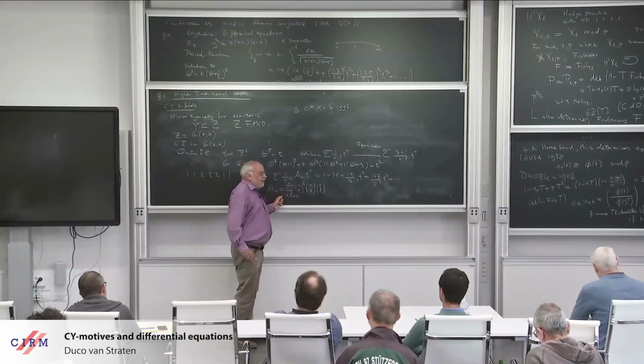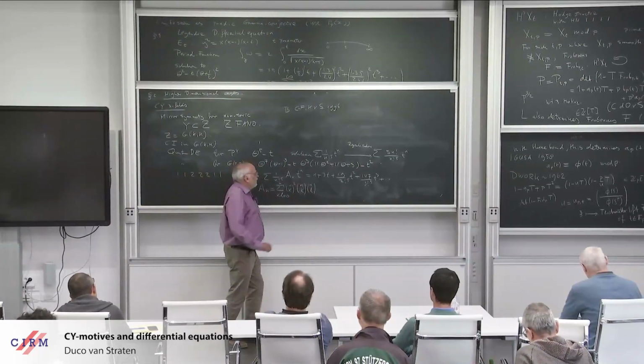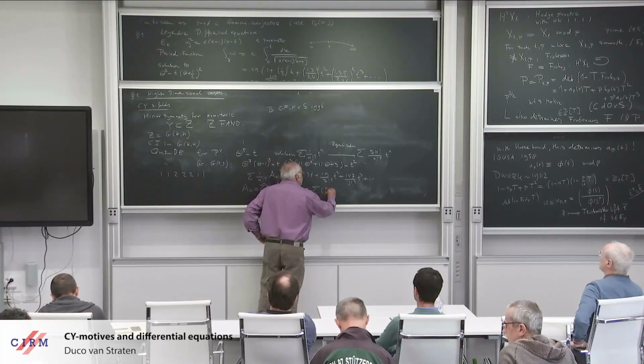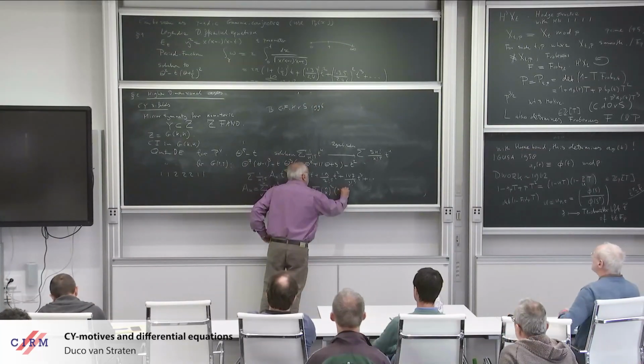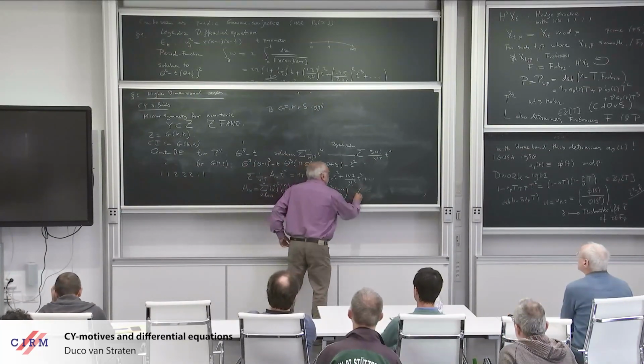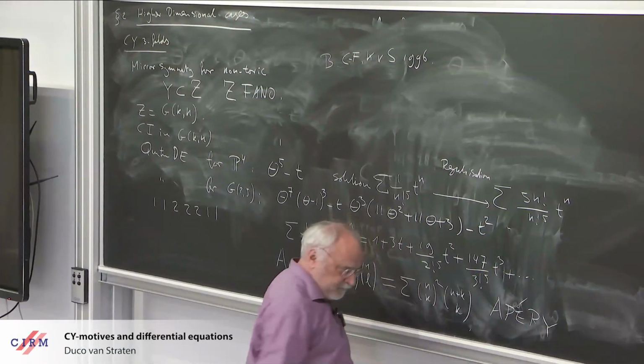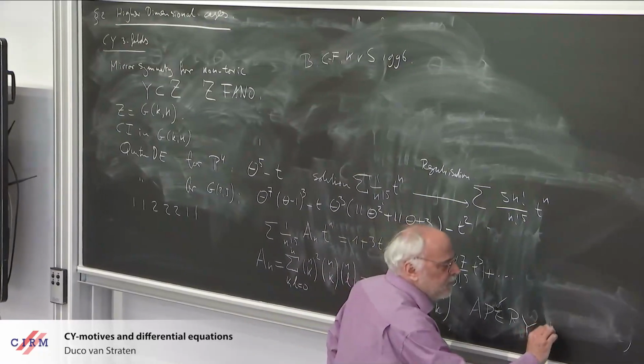But this coefficient here for this G(2,5) is in fact nothing other than the famous Apéry numbers.